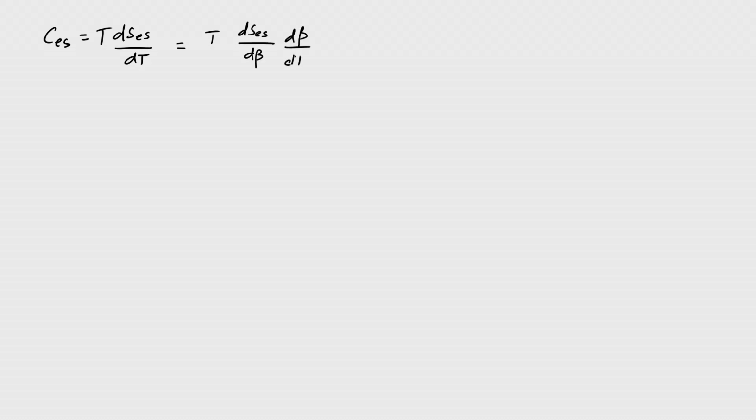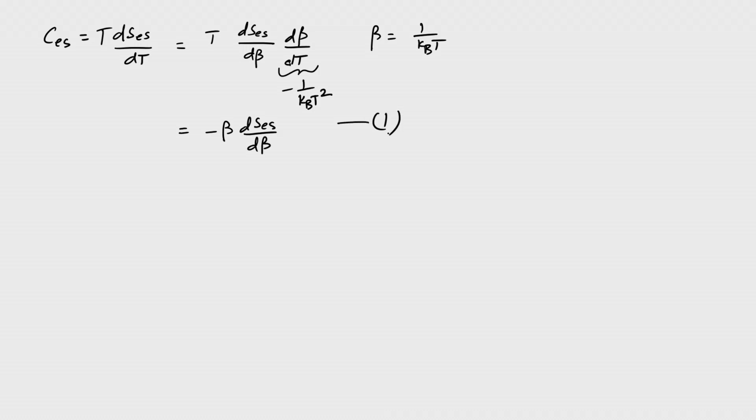I can write that as a chain rule, which all of you know, where we are writing it as full differentials, and since beta equals 1 over kT, d beta dT is nothing but minus 1 over kT squared. So, that gives me, and then one T will cancel and we will be left with minus 1 over kT, which can be written as minus beta dS_ES d beta. So, that is equation number 1, which is what we have seen.